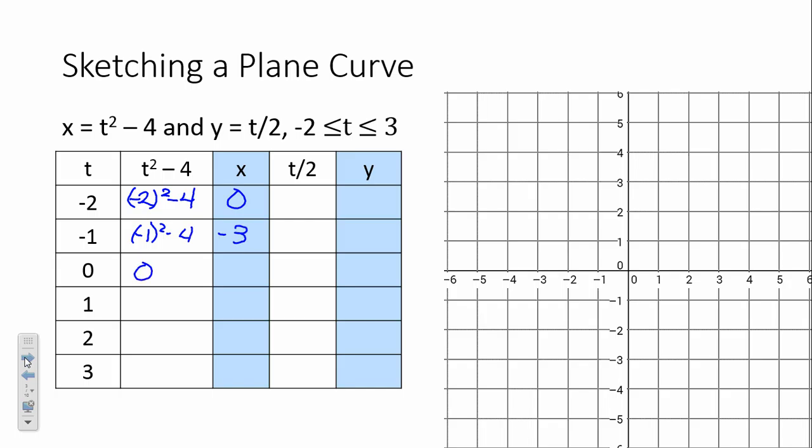We plug 0 in. 0 squared minus 4 is negative 4, and then when we plug 1 in, 1 squared minus 4 is negative 3. 2 squared minus 4, and then 3 squared minus 4. Those were all of the whole numbers between negative 2 and 3. That was our domain.